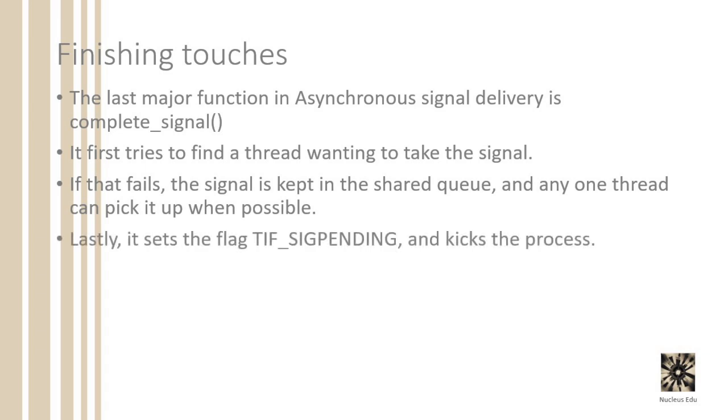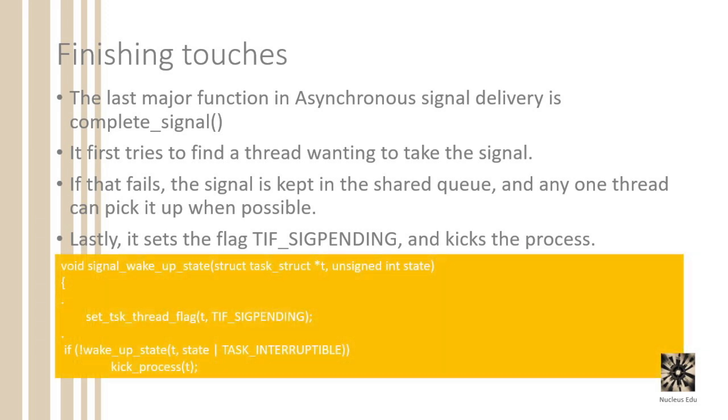Once all of this is done, the function sets the flag TIF_SIGPENDING and kicks the process. This flag is important because it sets a notification saying that one or more signals are pending for the task. We will see later, when the signal is to be handled and delivered, that this flag is checked. We will see that part in the next video.